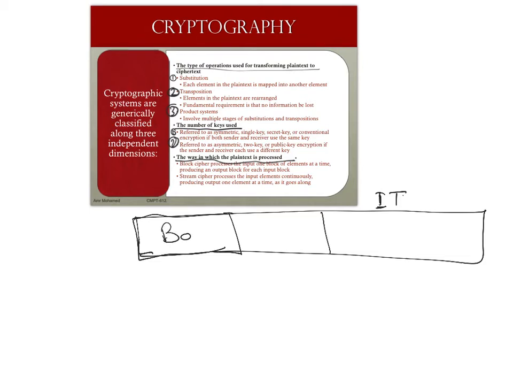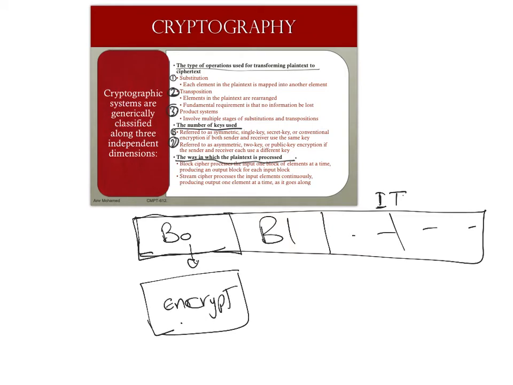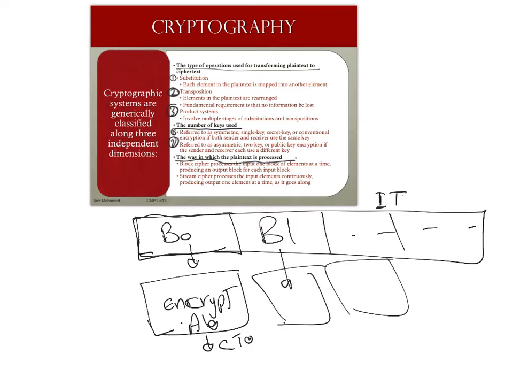So this is block 0, block 1, and so on. And then we take block 0, we input this block 0 into the encryption algorithm, and then we produce the ciphertext, ciphertext 0. And then we do this for each of these blocks. We will talk about the operation modes later on. Sometimes we have to shuffle the ciphertext between these blocks and so on, but that's another story. So that's what we mean by block ciphers.